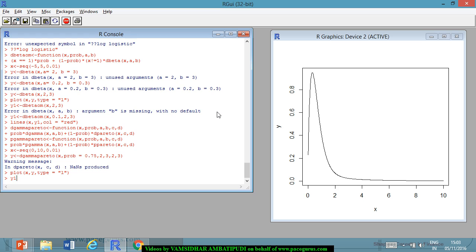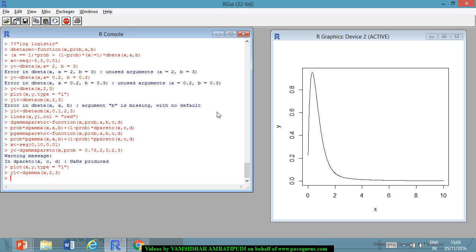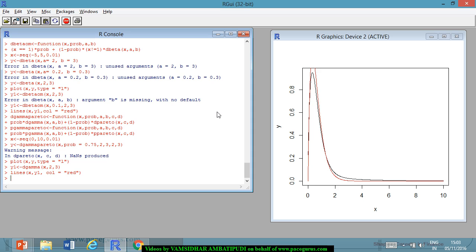But on the other hand, if I generate Y1, which is purely a gamma, so if I say D gamma of X comma 2 comma 3, and let me add the lines X comma Y1, color equal to red.